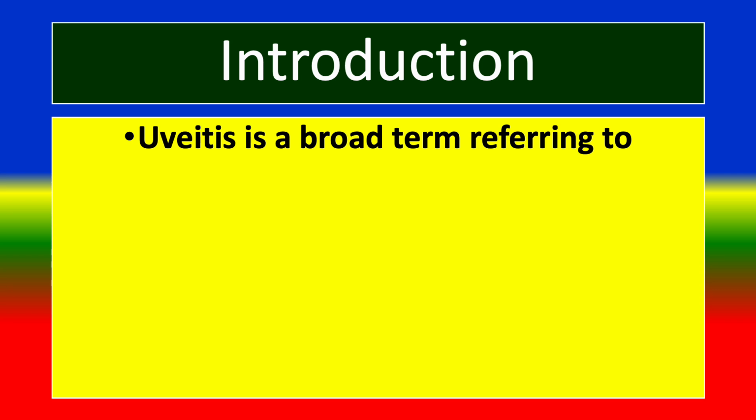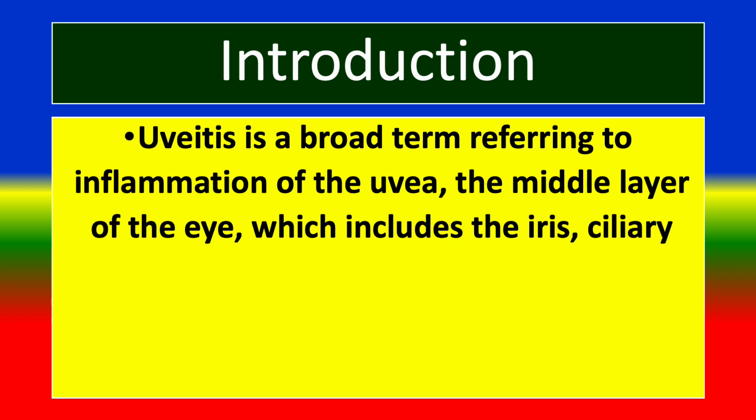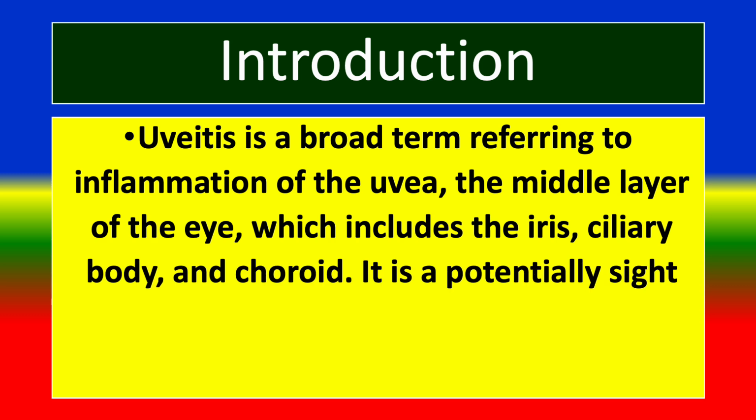Uveitis is a broad term referring to inflammation of the uvea, the middle layer of the eye, which includes the iris, ciliary body, and choroid.